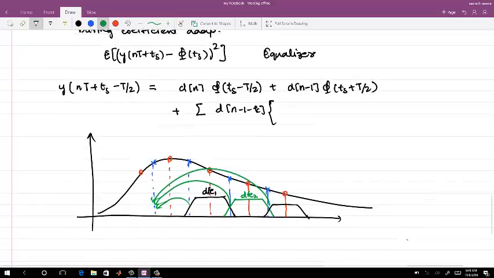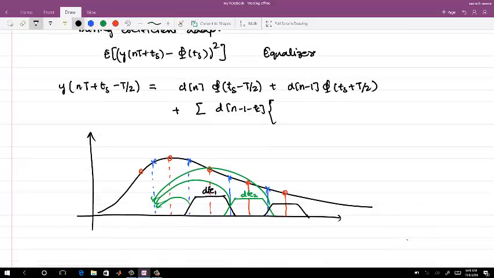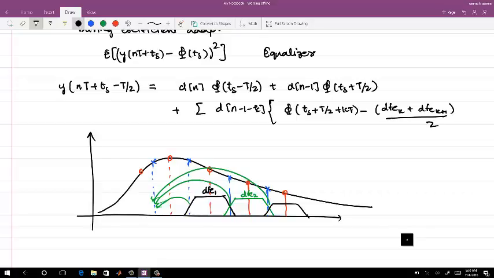This will be phi of Ts plus T by 2 plus kT minus DFE of k plus DFE of k plus 1 by 2.